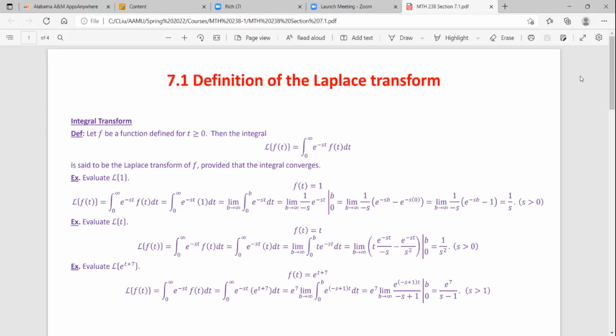So if you just distribute this negative sign into the denominator, it becomes s minus 1. So the whole thing is just e to the 7 times 1 over s minus 1, or e to the 7 over s minus 1, with the requirement of s greater than 1. Okay, so that's the Laplace transform of e to the t plus 7. All right. Any questions?